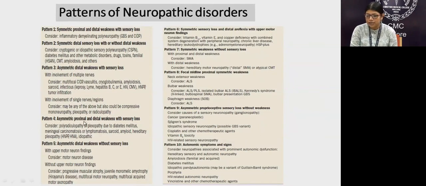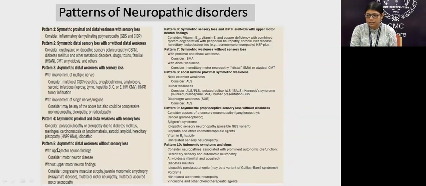The fourth pattern is asymmetrical proximal and distal weakness with sensory loss. They are classical presentation of plexopathy and/or polyradiculopathy, and usually the infiltrative disorders cause this form of neuropathic presentation. The infiltration can be because of meningeal carcinomatosis, lymphomatosis, sarcoid, amyloid, or idiopathic.